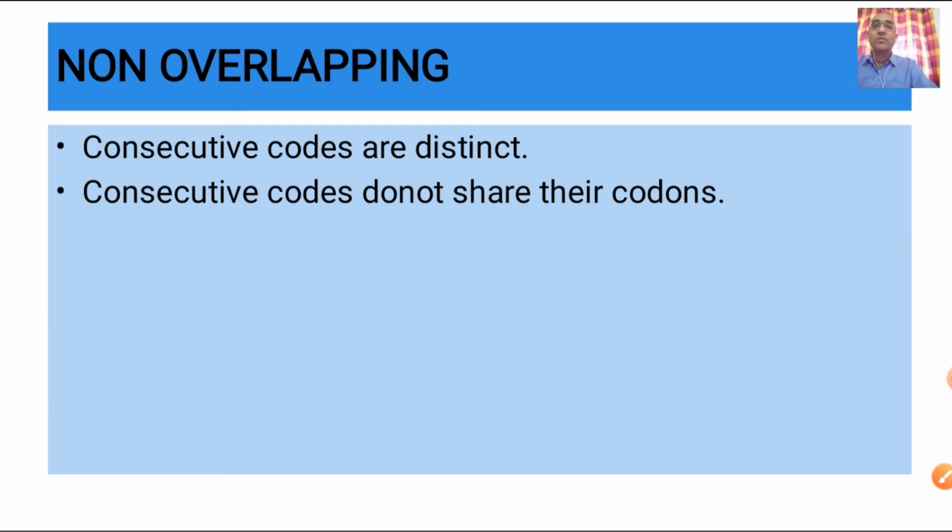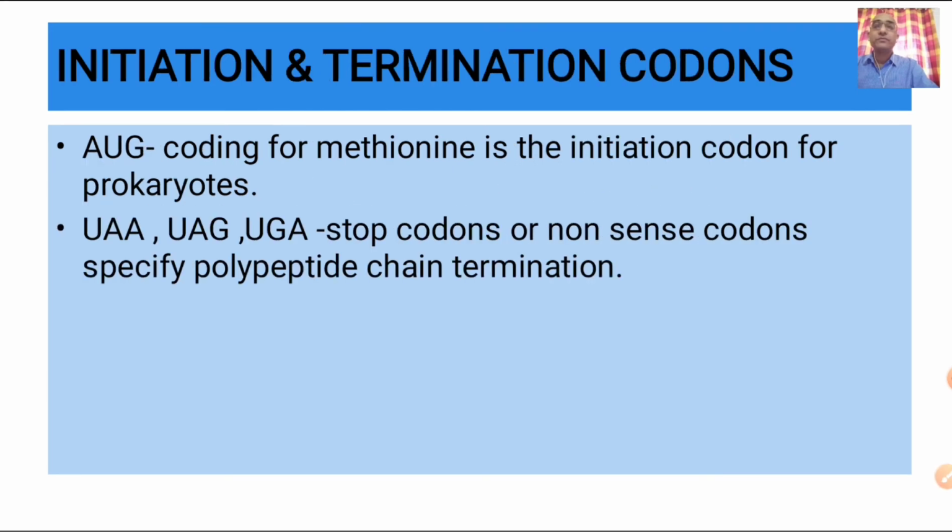Then come to the next property, that is initiation and termination codons. In the genetic code there are initiation and termination codons. These are translation signals, that is protein synthesis signals. The codon AUG that codes for the amino acid methionine is the initiation codon in the case of prokaryotes, the initiation for translation.